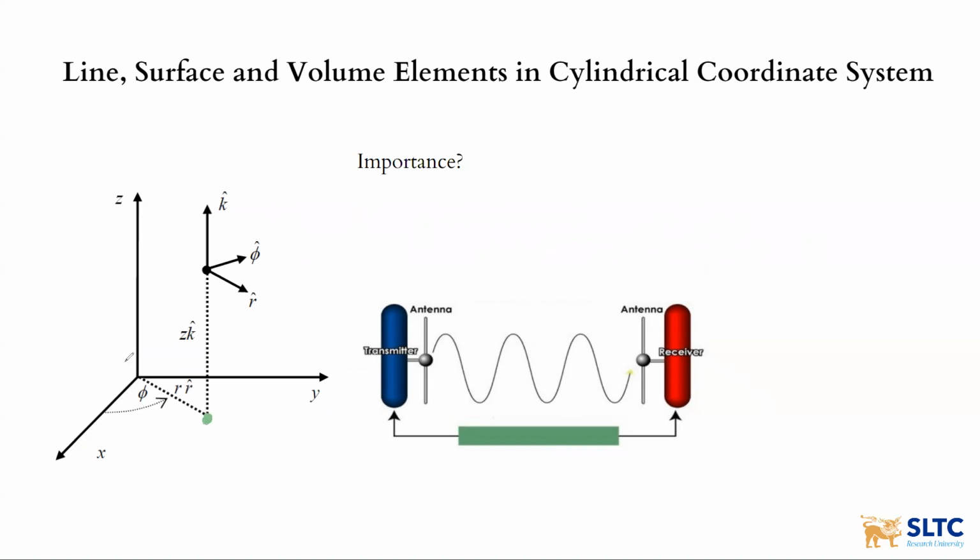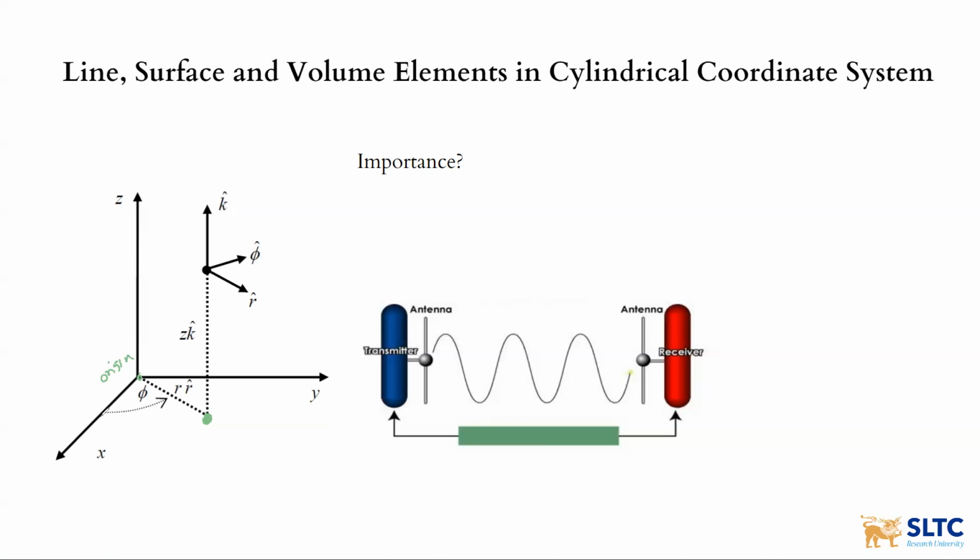The cylindrical coordinate system is based on basic parameters like the radius to the point that we consider, the angle phi to the point that we consider, and the z height, right?